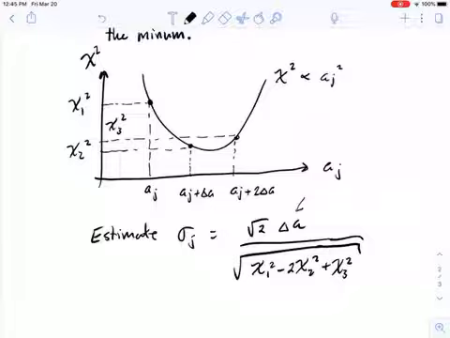Well, what will happen is, in that case, the denominator, which is calculated from chi1 squared, chi2 squared, chi3 squared, will scale in proportion to delta A. So if you increase or decrease delta A, you'll get the same approximate increase or decrease in the denominator. And if you made an appropriate choice for delta A, your sigma j should be independent of that value to a good approximation.